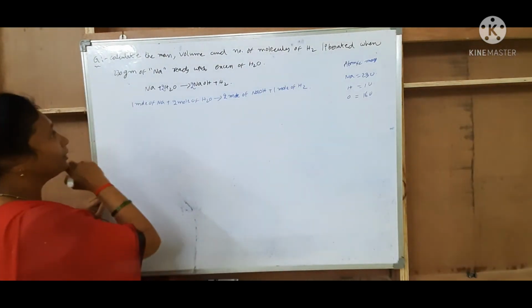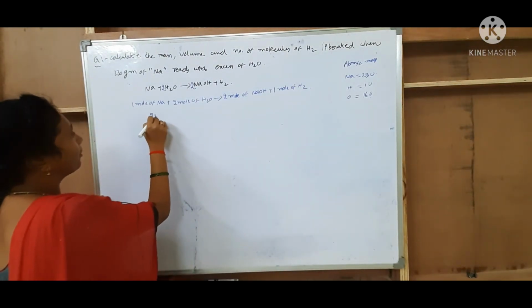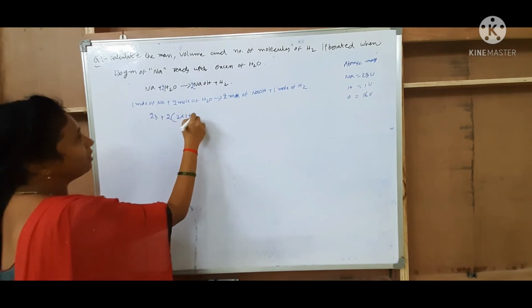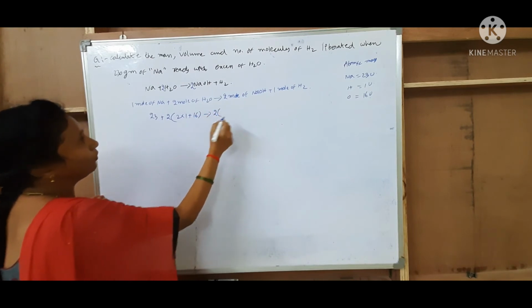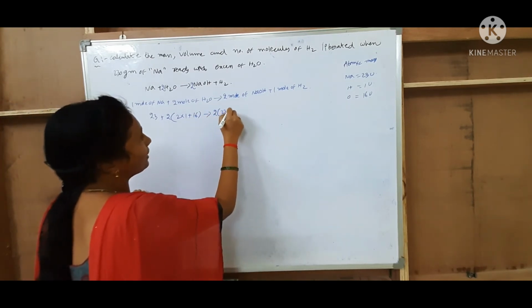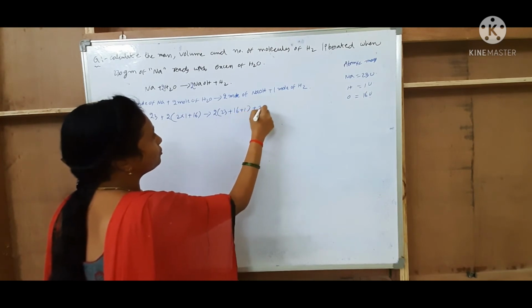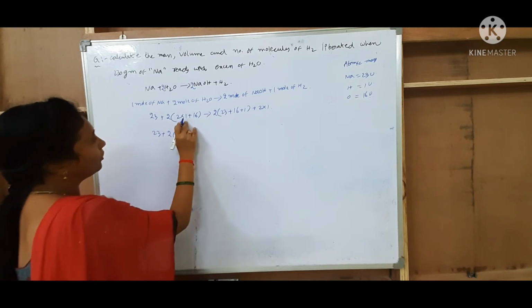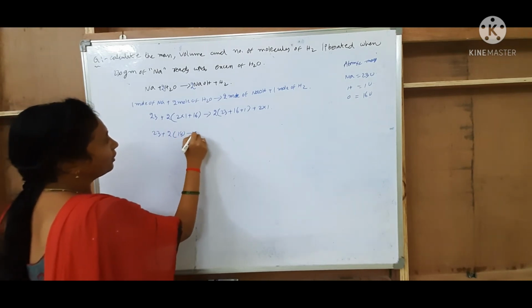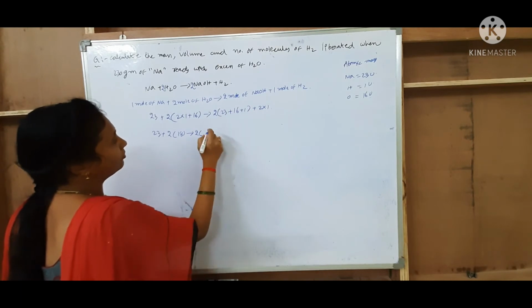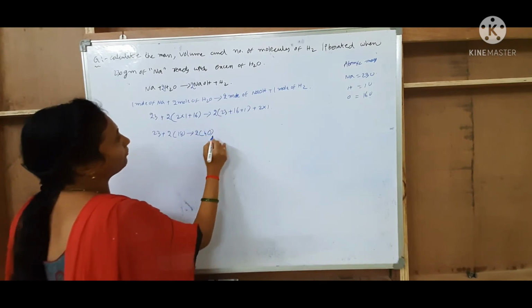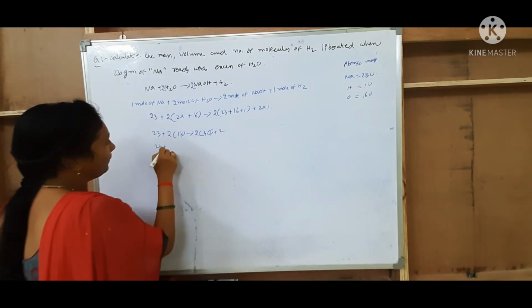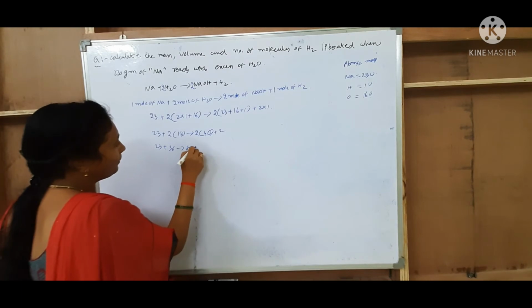Next, solving the problem. Na means 23, plus 2 into hydrogen, 2 into 1, plus oxygen 16, gives 2 into NaOH: 23 plus 16 plus 1, plus 2 into 1. 23 plus 2 into 2 plus 16 is 18, gives 2 into 40, plus 2. 23 plus 36, 80 plus 2.